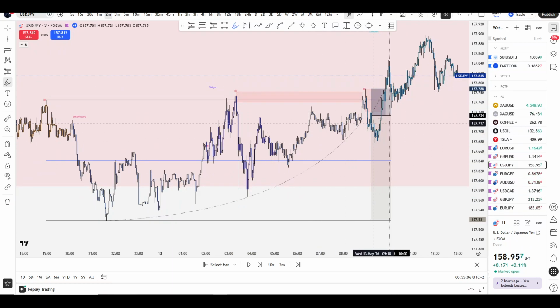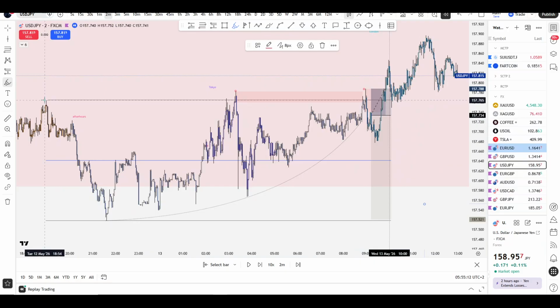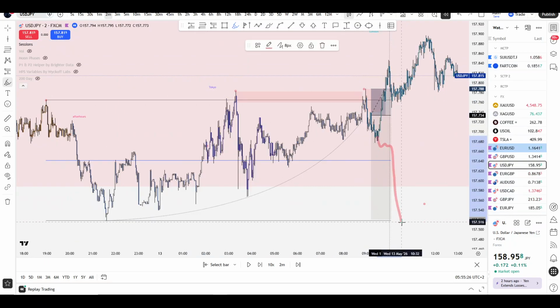So what usually happens, and I have some data on it, but only on Euro USD. I did not backtest this on USDJPY. But usually when you get a model exactly on your London Open, often this happens, and then we move up or we continue the price action further.